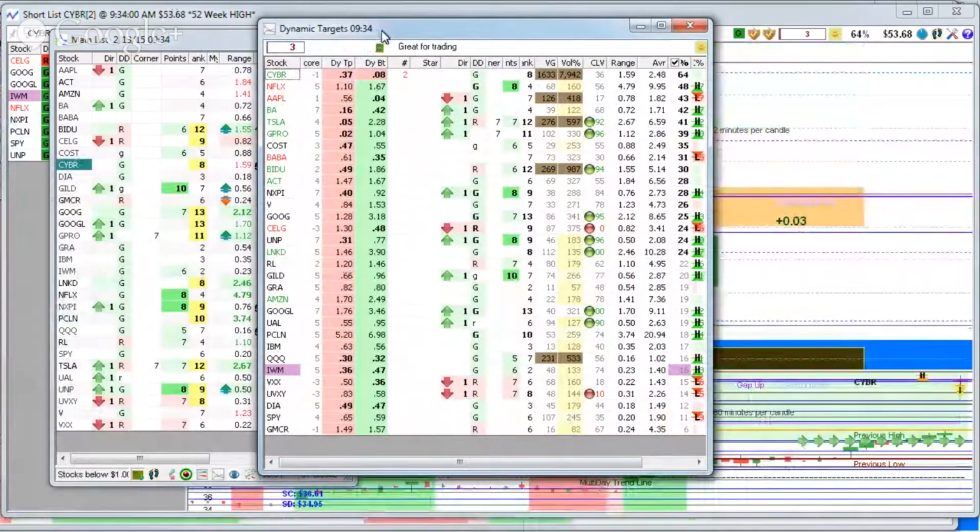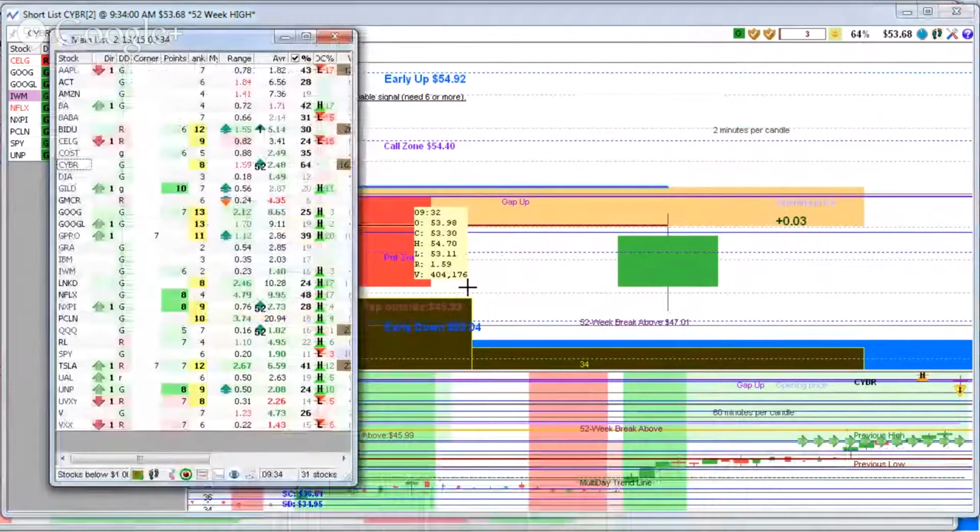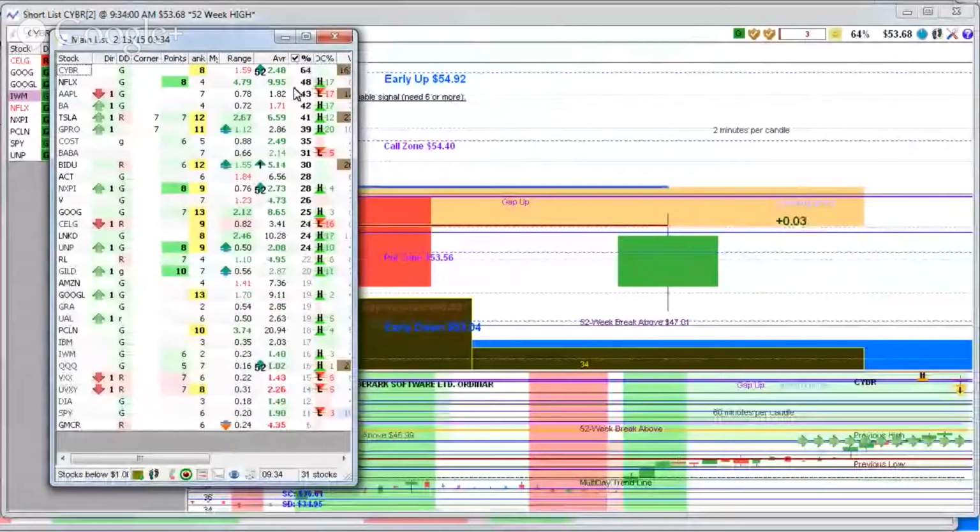So if I go to the chart, it's outside of the risk zone on the bottom. Doesn't mean I'm going to trade it, but at least I can see it. So that's the whole point of the lists. I'm going to get back to the short list again, is that I can see things depending on how you sort it. So we're going to sort by D% and talk about that very next thing.